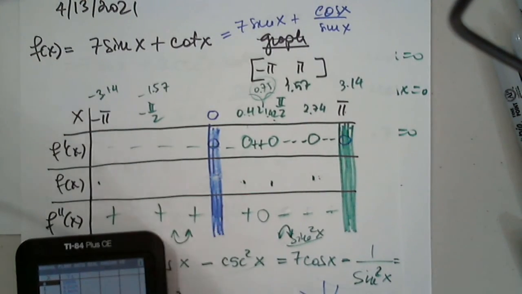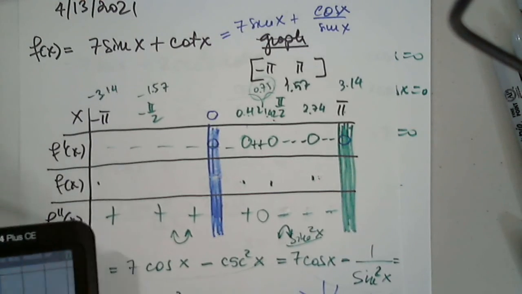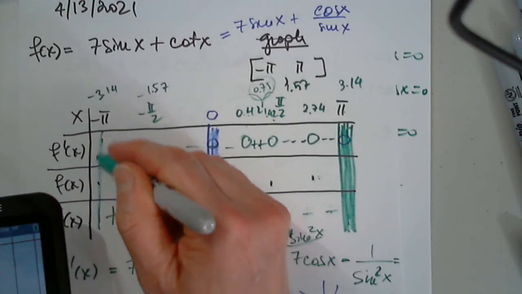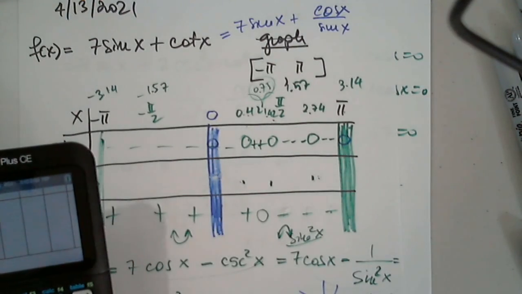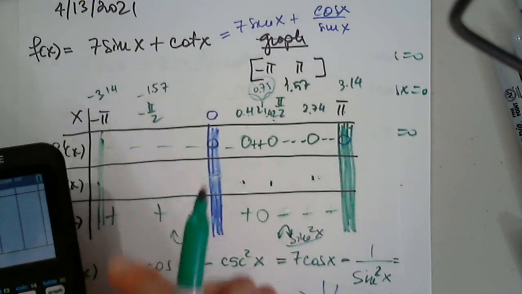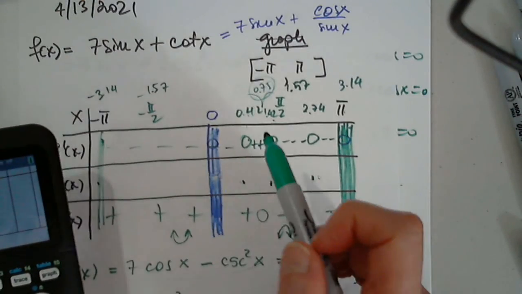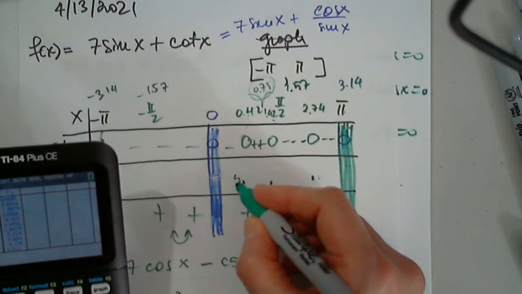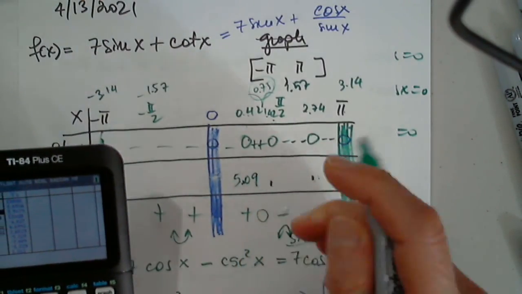I just want to plug in negative pi. Of course, that's also undefined, pi or negative pi. Correct. So I'm going to plug in 0.42. With 0.42, I have 5.09.